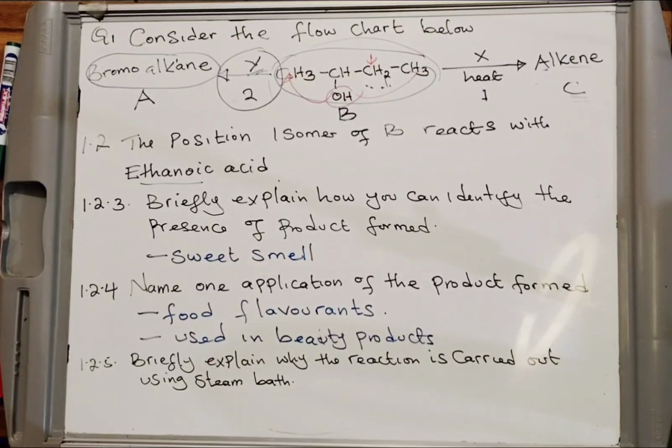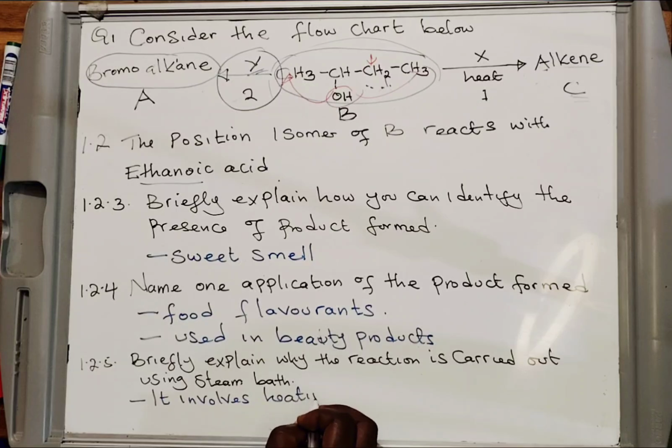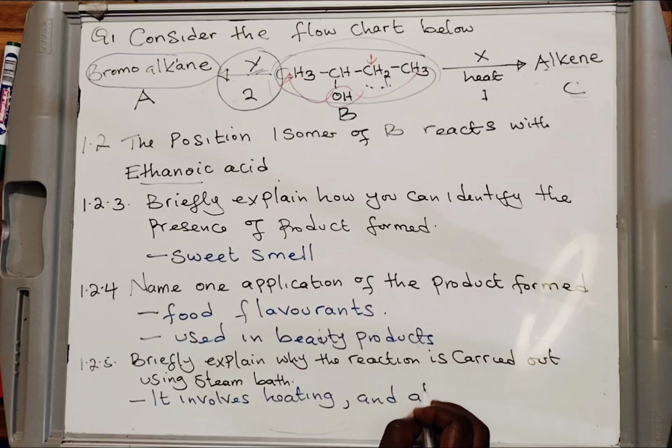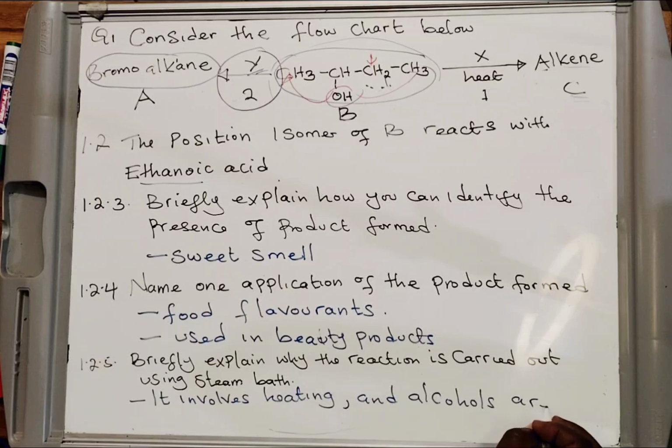Then comes the closing question of this part 4. It says, briefly explain why the reaction is carried out using a steam bath. The explanation is that it involves heating and alcohols are flammable.